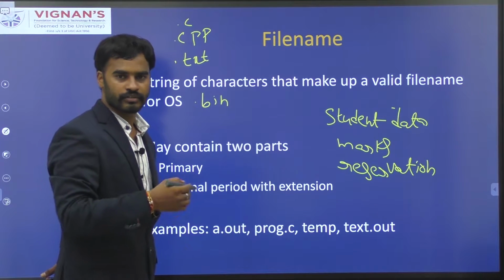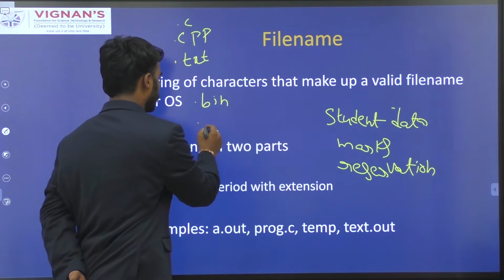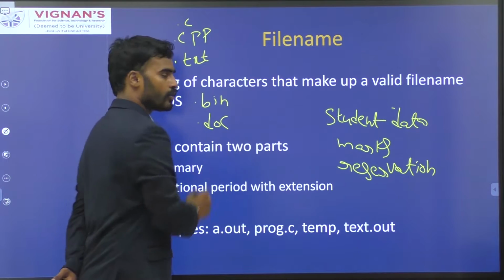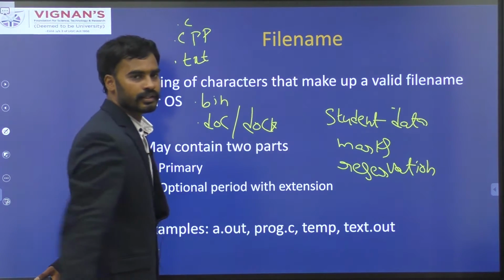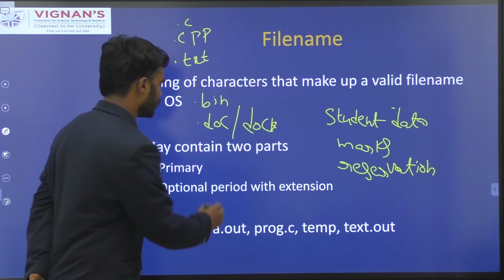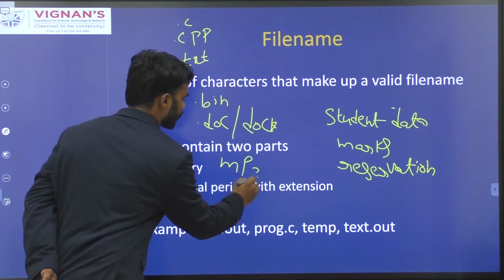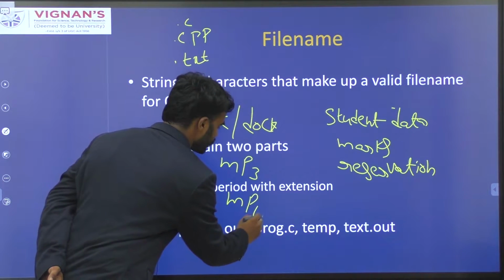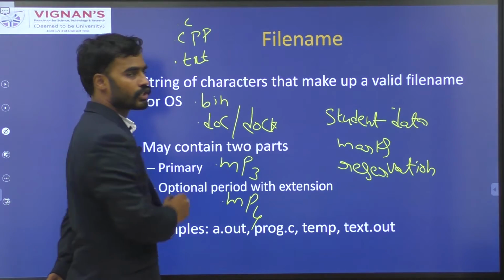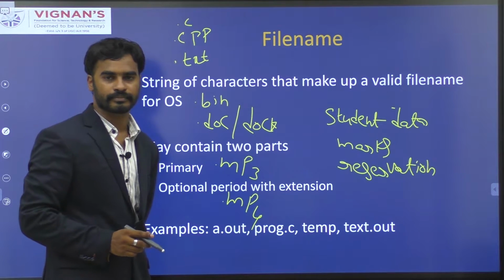The extension for Microsoft Word is .doc or .docx. The extension for audio files like MP3, and for video files MP4. So these are extensions. These are all optional parts of a file name.